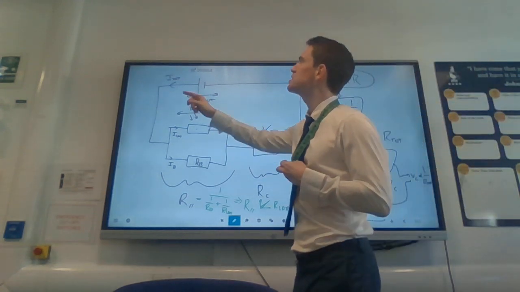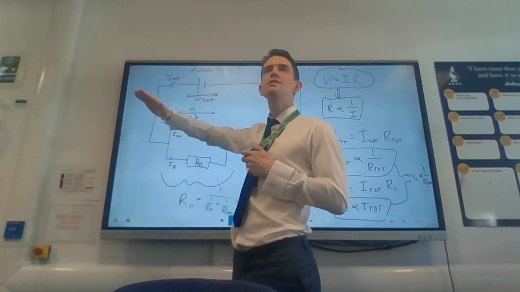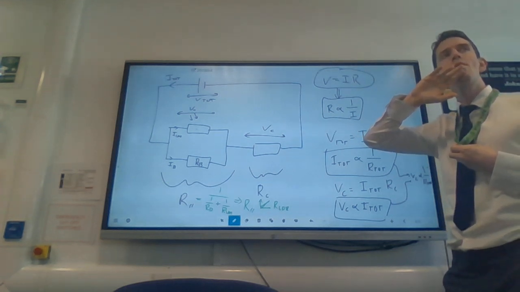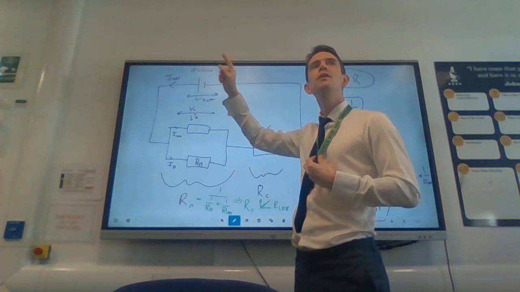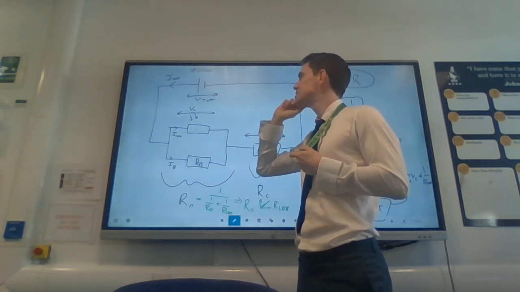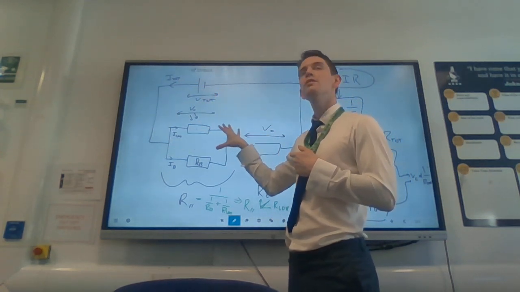I've just had a suggestion that I tot is constant. It's not constant. V parallel is not a constant.